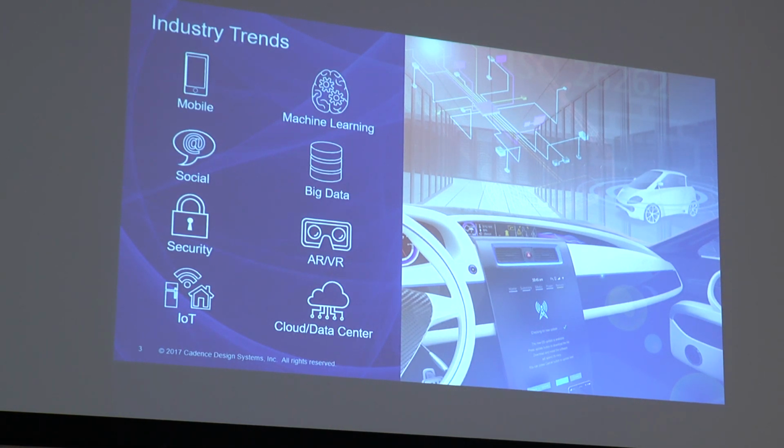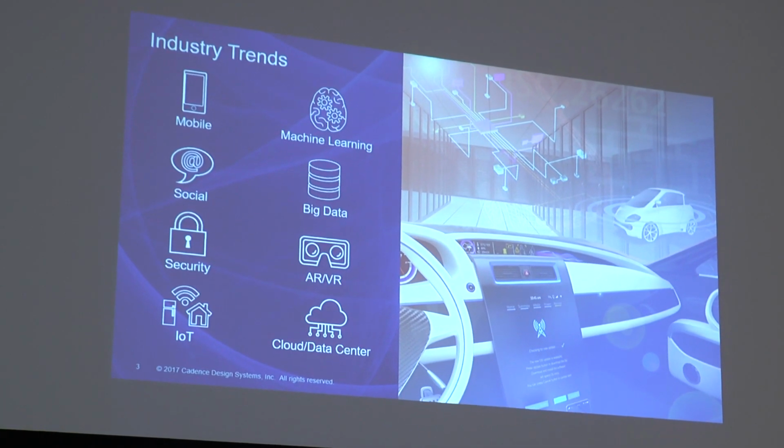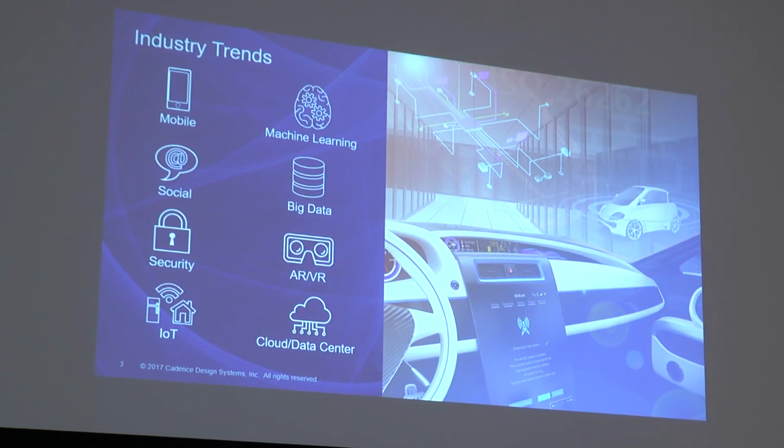IoT. The number of microelectronic circuits which are no longer interacting with human beings, but are interacting just between each other, is always rising. It has already outnumbered the number of devices which are interacting with a human being. Then machine learning, also a very huge topic. Here also the possibilities are not even clear.